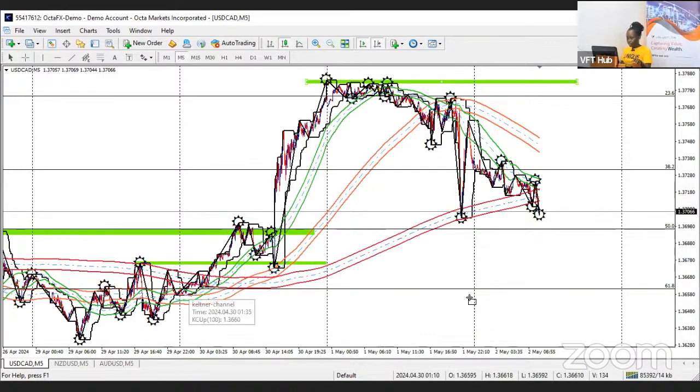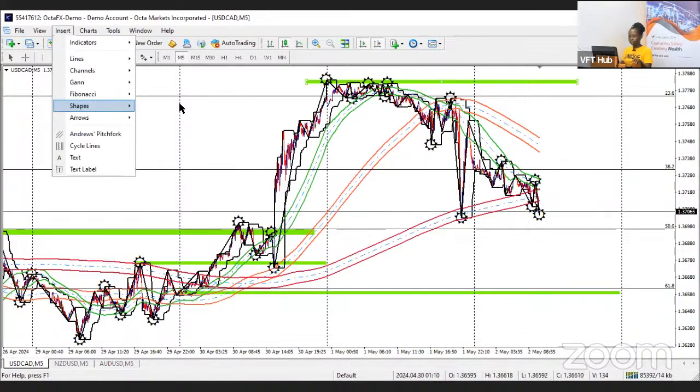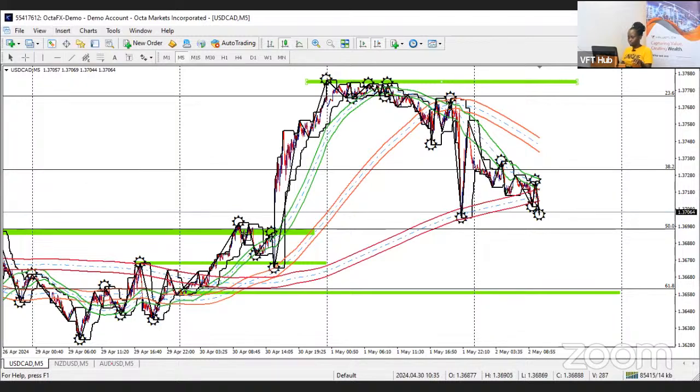Day before yesterday's low. Yesterday's low, which is exactly where price is now. So price is currently at yesterday's low.